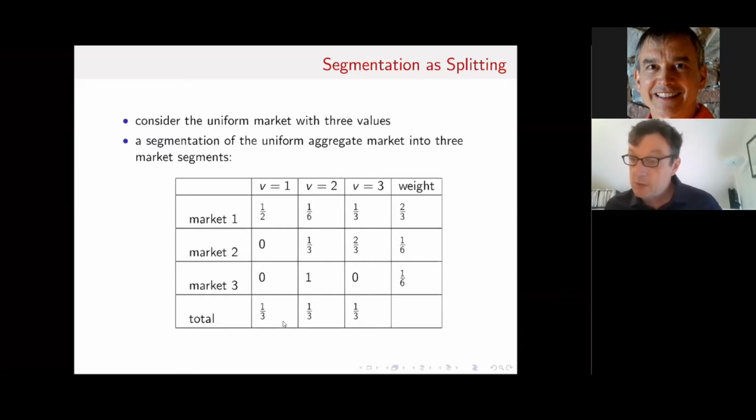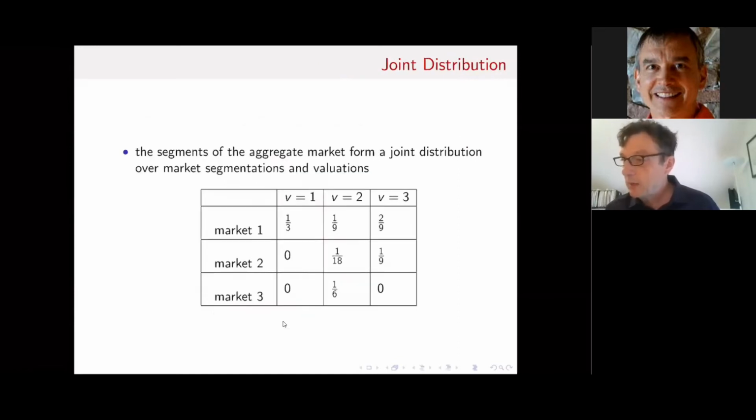But of course, different sub-markets may have different size. So I'm going to give them different weight. The first market, I give weight 2/3. Second market and third market, I give weight 1/6. Okay. If I multiply the weights through with the probability distributions, then what I find is a joint distribution over market segmentation and valuation of the following form.